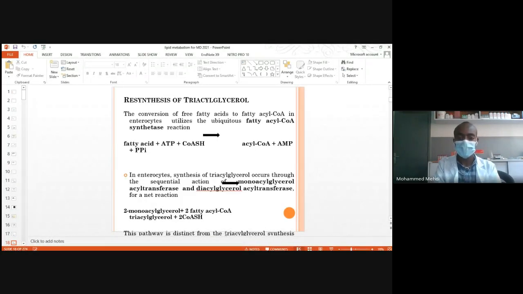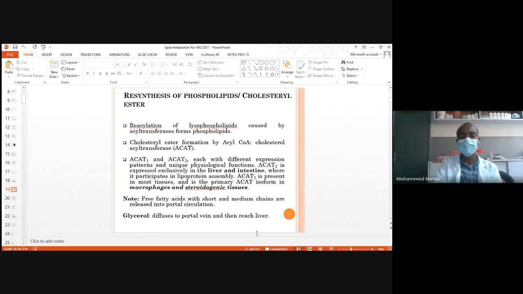So this is the triacylglycerol synthesis pathway. It is re-synthesized in the enterocytes. Phospholipid and cholesterol ester re-synthesis occurs again by adding fatty acid to cholesterol for the formation of cholesterol ester. Again, we add fatty acid to lysophospholipid for the formation of phospholipid.